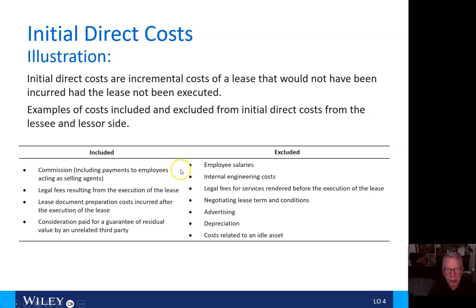What would be excluded are employee salaries, internal engineering costs, legal fees for services rendered before the execution of the lease, negotiating lease terms and conditions, advertising, depreciation, and costs related to an idle asset.